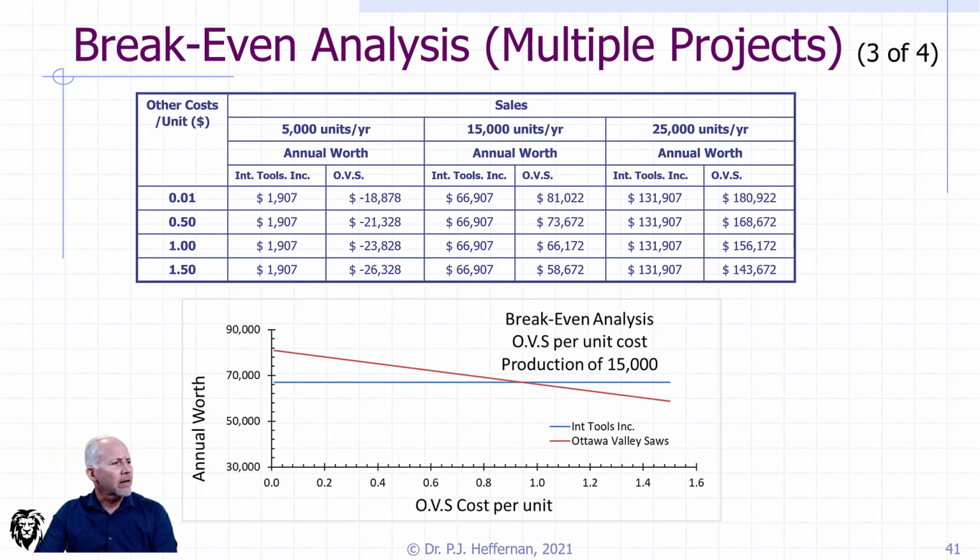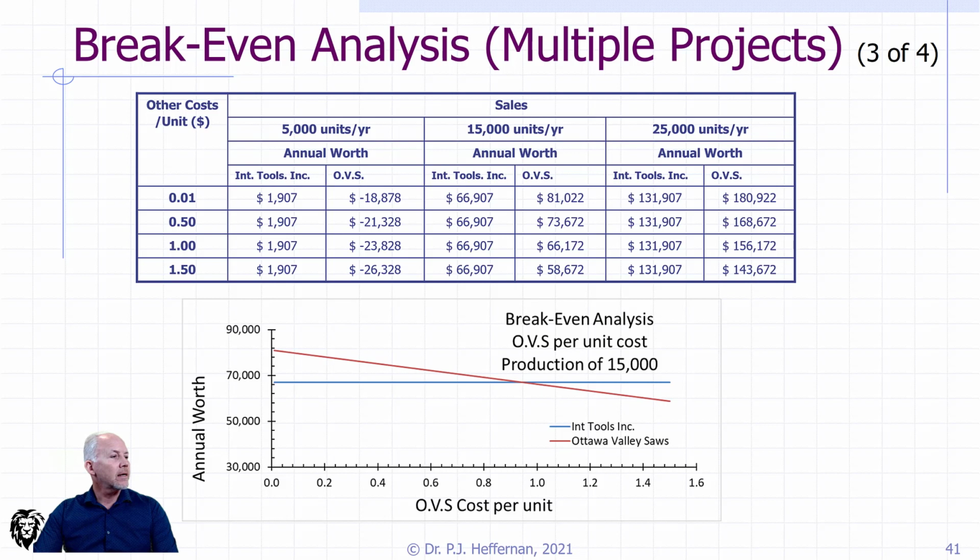What we've done here is, for 3 different production scales, we've chosen 5,000 units per year as our current production rate, 15,000 units per year, which they say is reasonable to achieve, or 25,000 units per year, which of course would start to trend into the upside and show us what the opportunities are. How sensitive is our decision to changes in that assumption about per unit cost for the Ottawa Valley Saws?